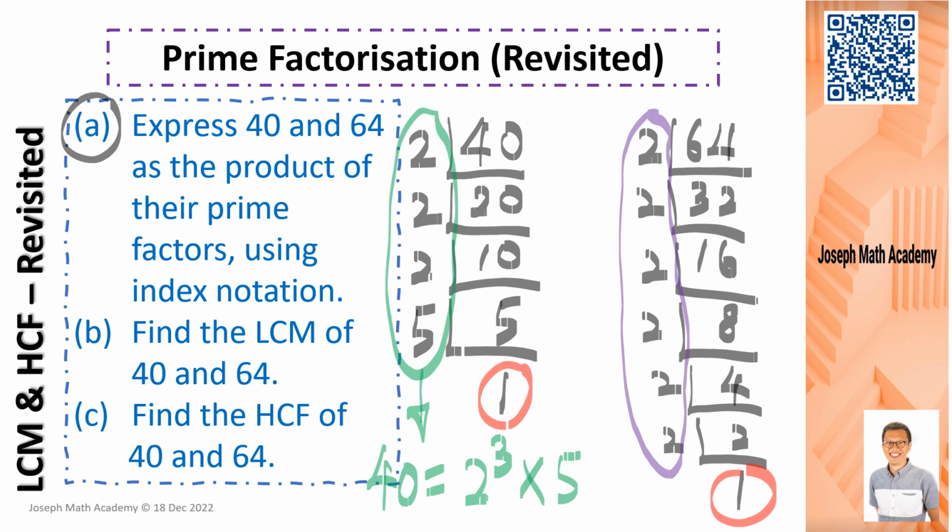So 64 is actually equal to 2 to the power of 6. That means 2 times 2 times 2 times 2 times 2 times 2 gives us 64. So we have completed going through prime factorization. Let's move on to part B, LCM, in the next slide.